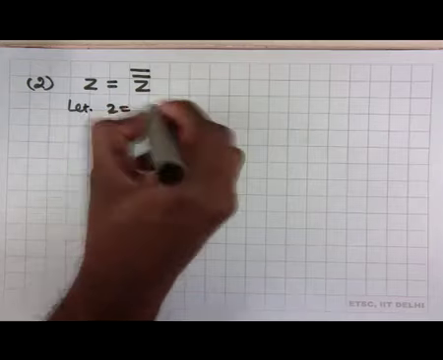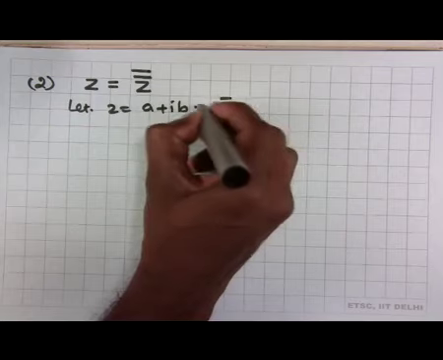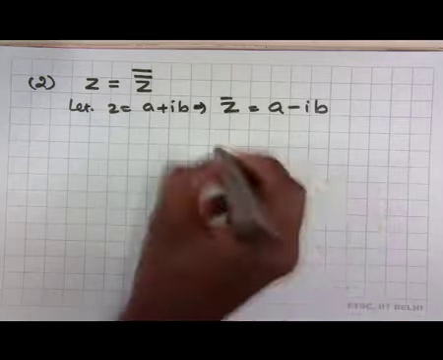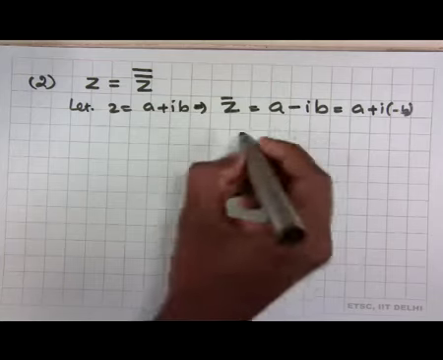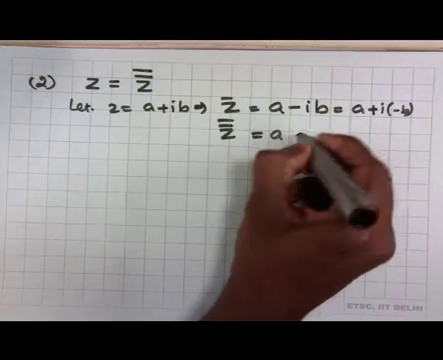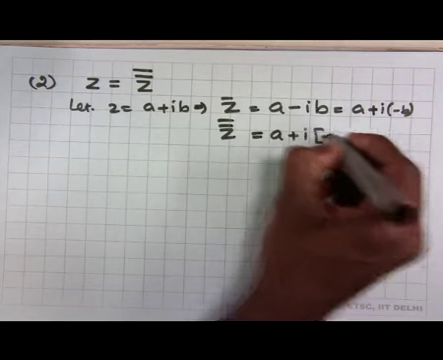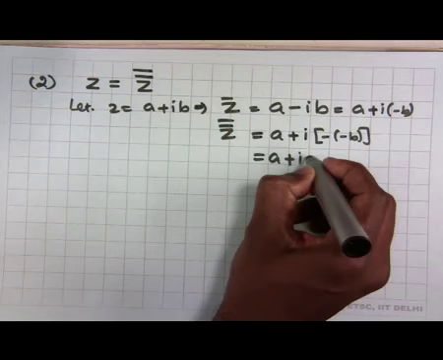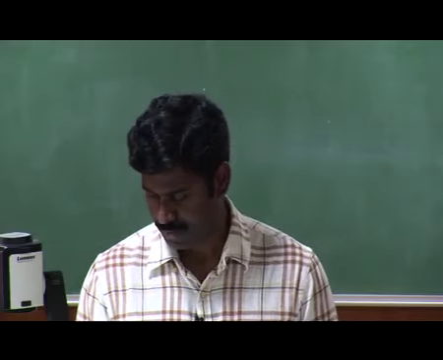Let z be a plus I b, then z bar is a minus I b, which can be seen as minus b, and z double bar, again you take its conjugation. So, what we see is that this is a plus I and then minus of minus b. So, we see that it is again z. Of course, this is an obvious one, we are just trying to write an argument. Okay.